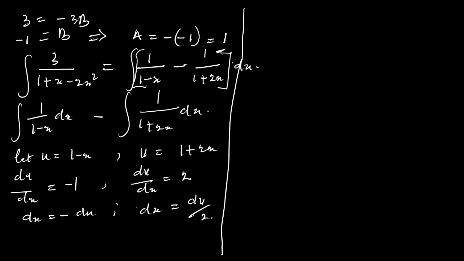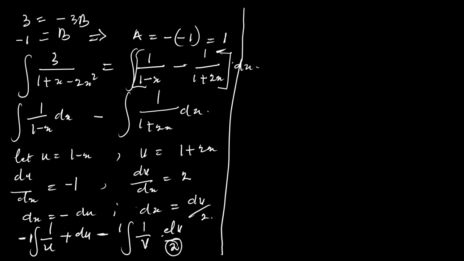So I can rewrite this equation to be the same thing as the integral of 1 over u, dx is minus du. This is a constant, I can bring this minus here to be minus 1, minus the integral of 1 over v, dv over 2.